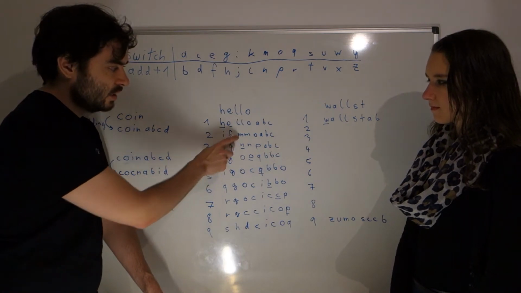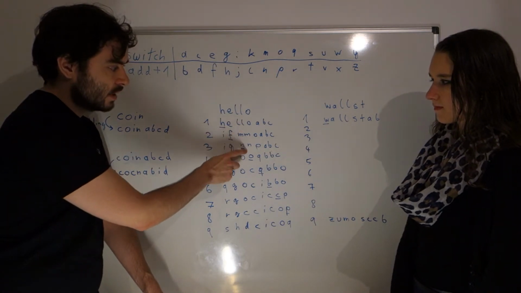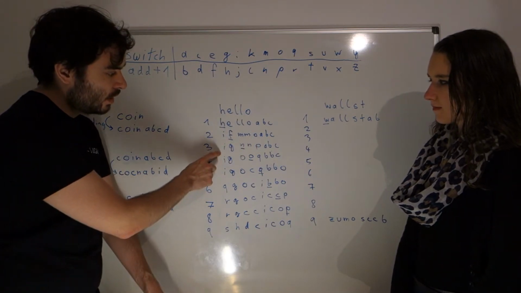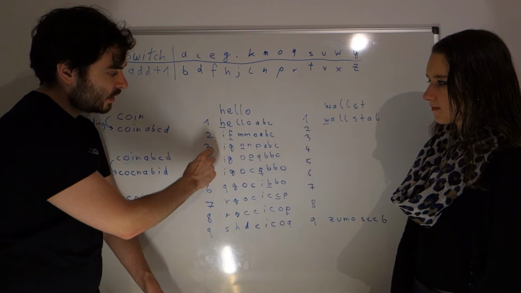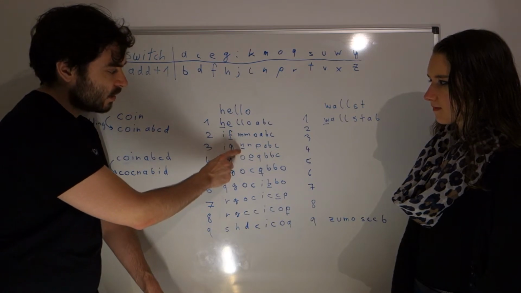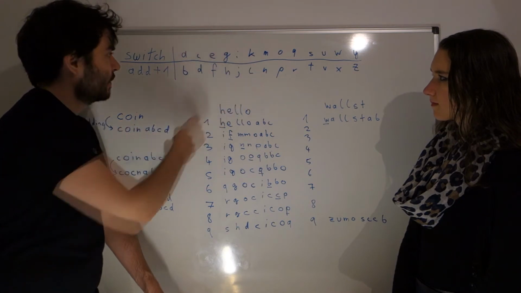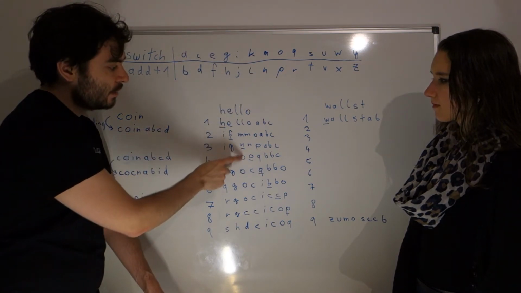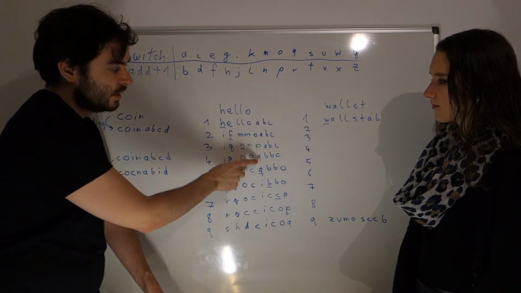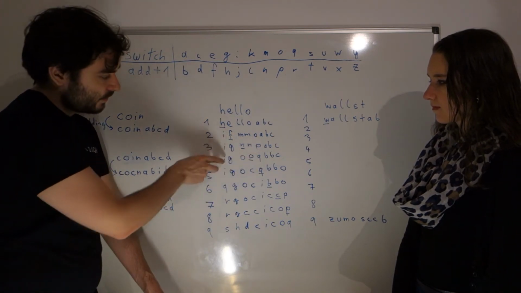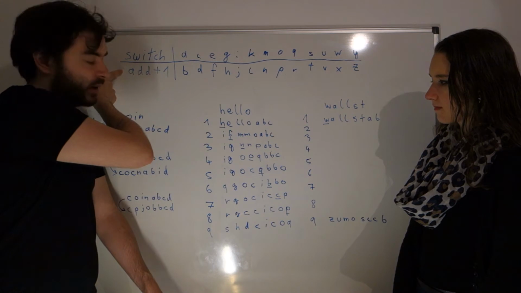The F becomes a G, the M becomes an N, M becomes an N, and O becomes a P. Okay, then we go on, and the third character is now an N. Okay, it happens to be again in the add 1. So the N becomes an O, the N becomes an O, the P becomes a Q, and the A becomes a B. So 3 times this pump function.